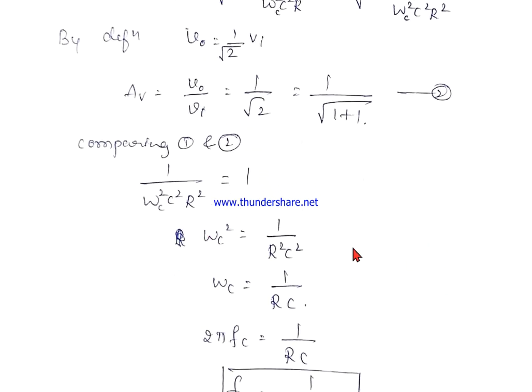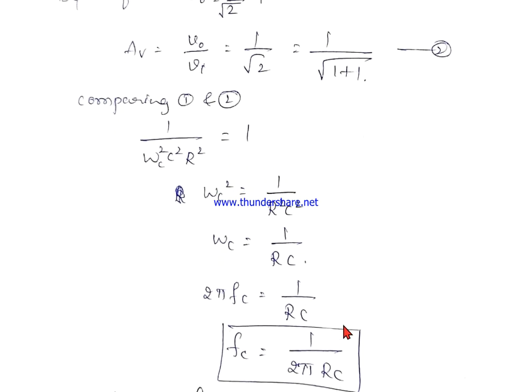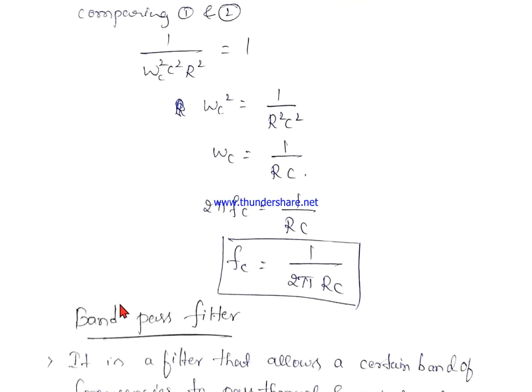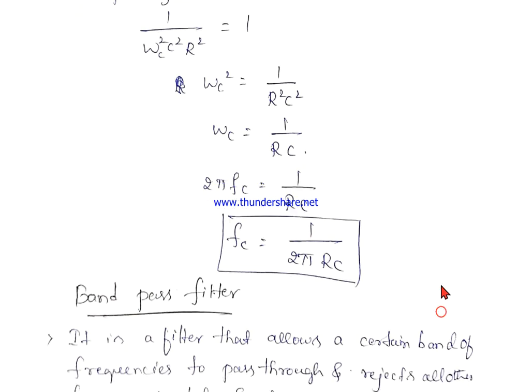Omega c taking root on both sides, omega c is equal to 1 over RC. Omega is equal to 2 pi f, so 2 pi fc is equal to 1 over RC. Therefore fc is equal to 1 divided by 2 pi RC. So that will be the cutoff frequency of the high pass filter.